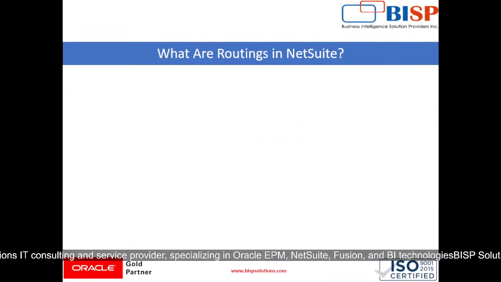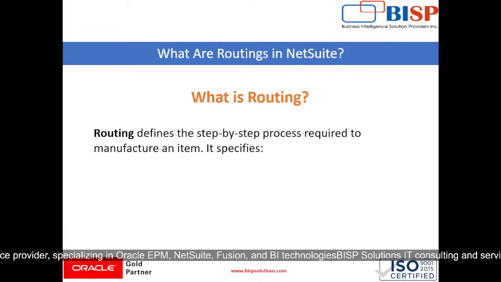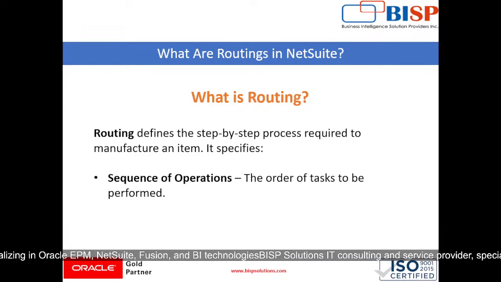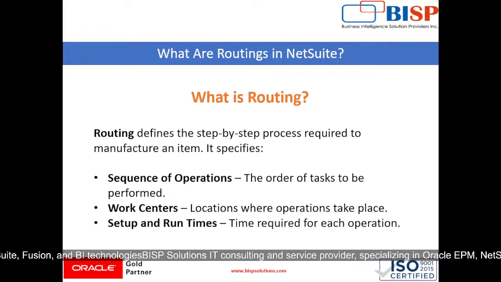Then what are routings in NetSuite? Routing defines a step-by-step process required to manufacture an item, which specifies the sequence of operations, the order of tasks to be performed, work centers, which are the locations where operations take place, and setup and run times, which is the time required for each operation.